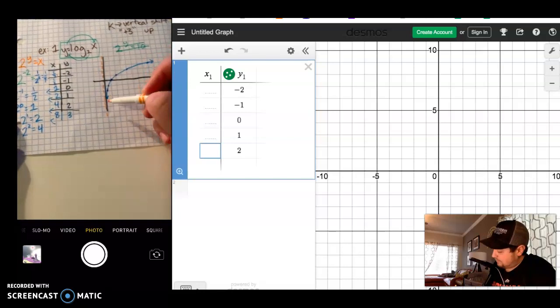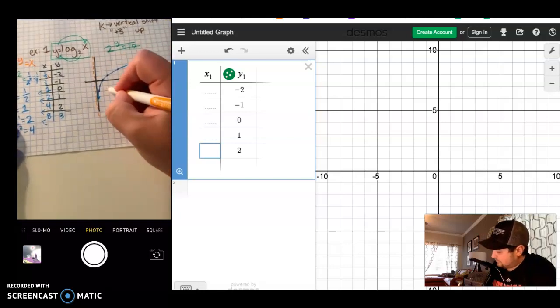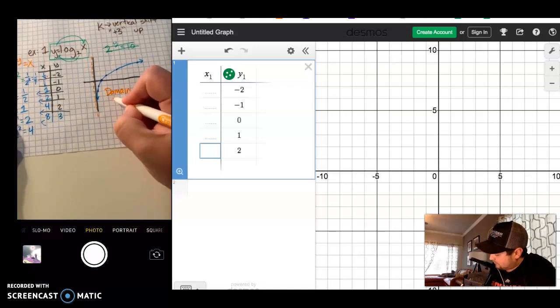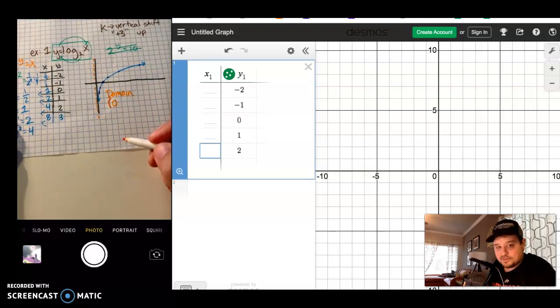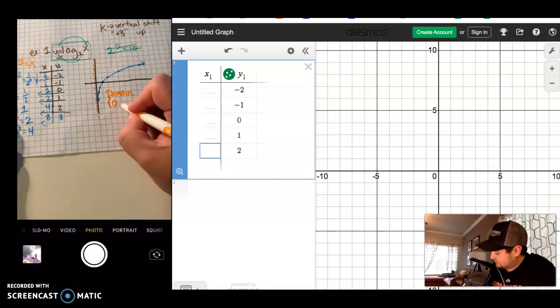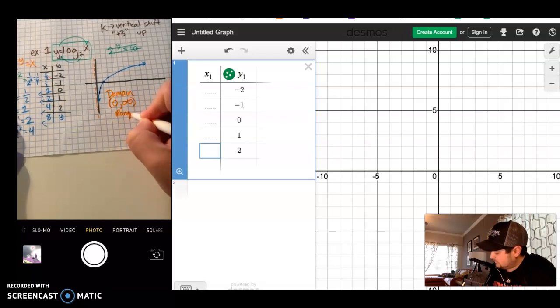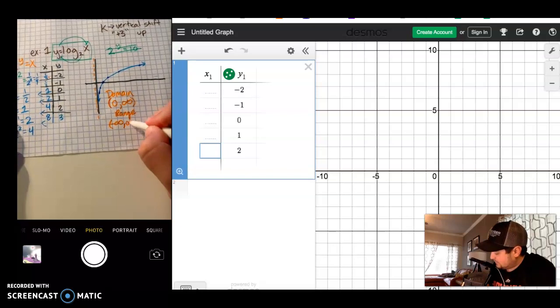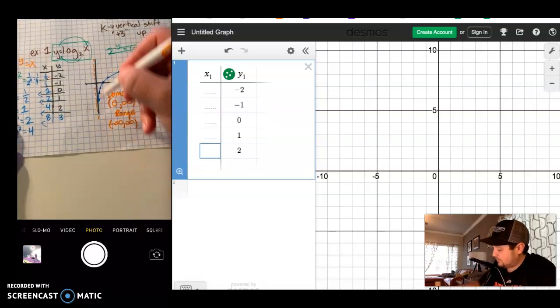All right, so if I were to think about the domain of this graph, it would have a domain from 0, but not including 0, so we would use a parenthesis there, and then it is going to go out to infinity. All right, and then my range is actually from negative infinity to positive infinity because my y values can go all the way up or all the way down.